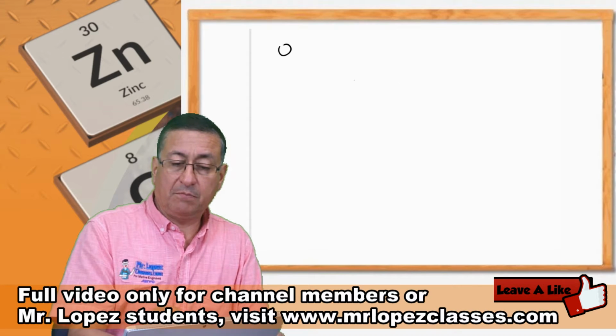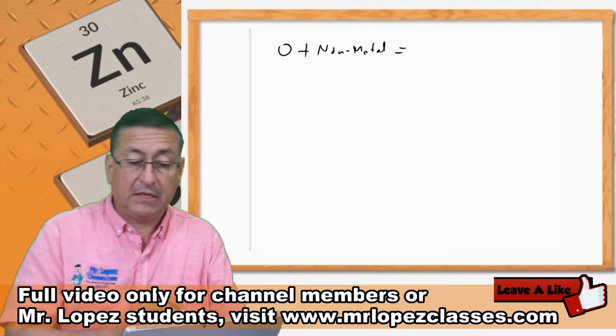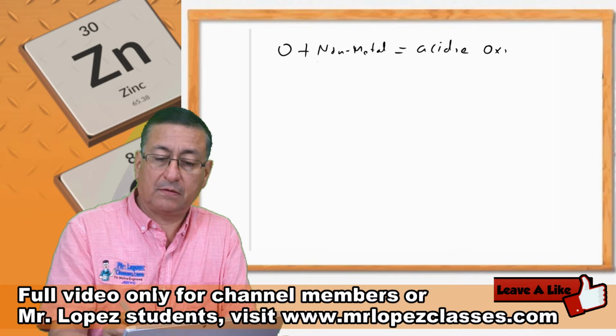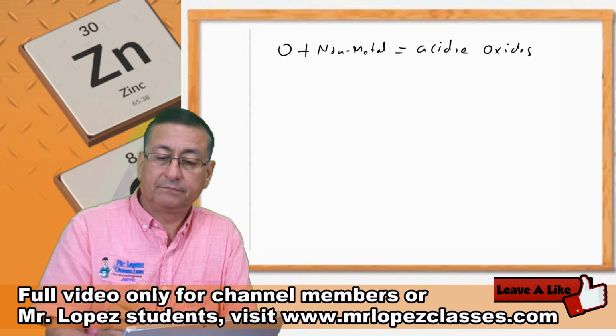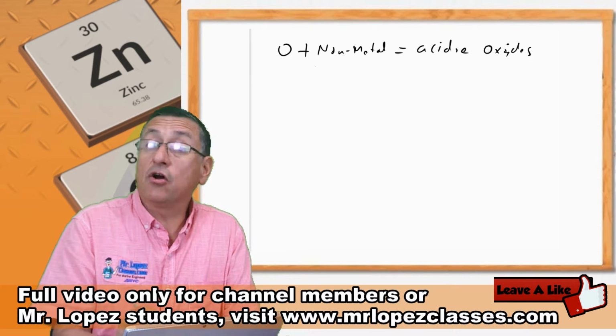Oxygen plus non-metals. You remember what is the product? Oxygen plus non-metal produces acidic oxide. Alright, acidic oxide. Examples.